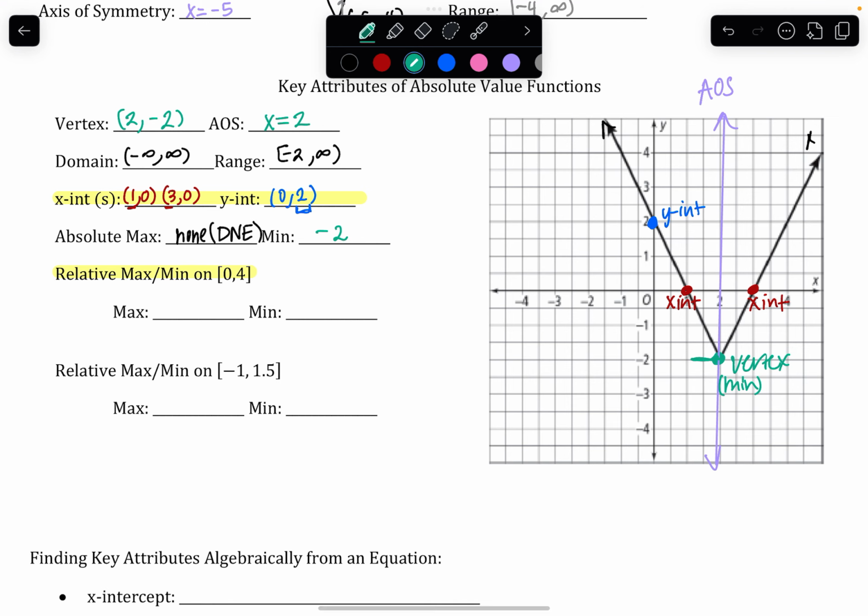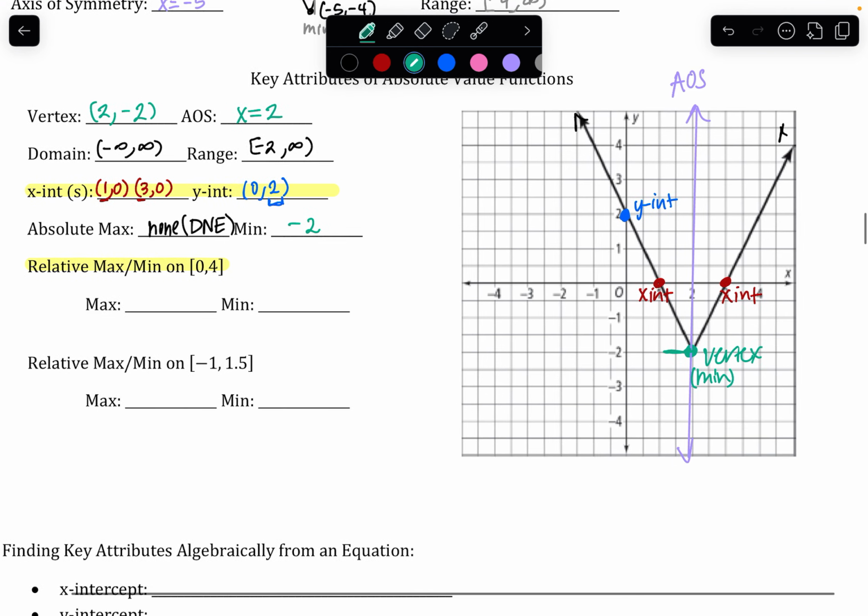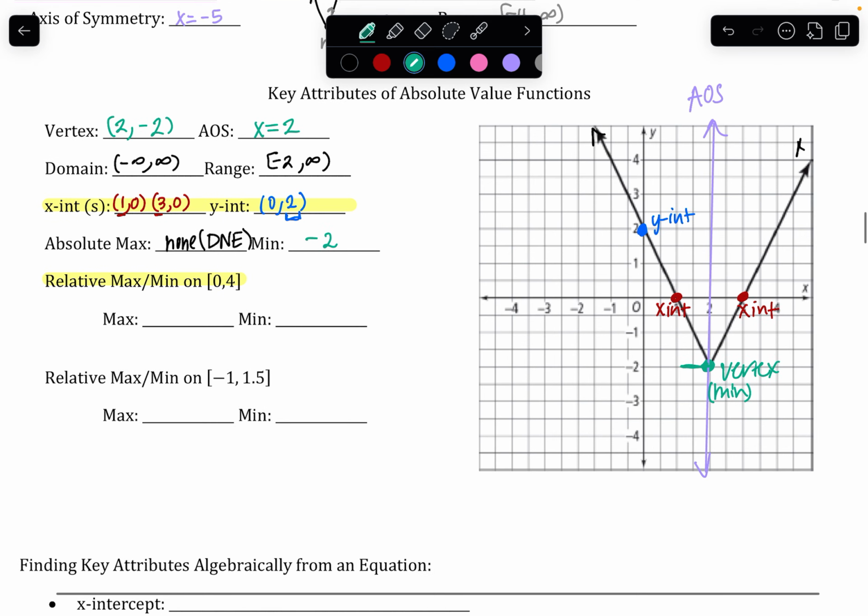Okay, and so this next question asks for the relative min on 0 to 4. So they're restricting your domain.